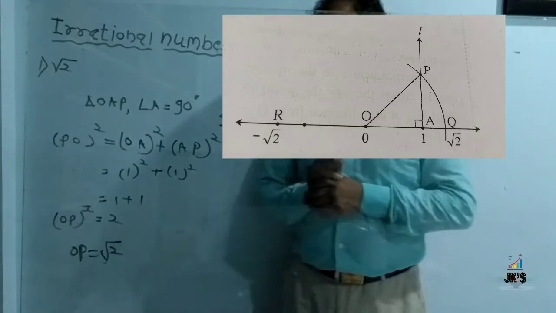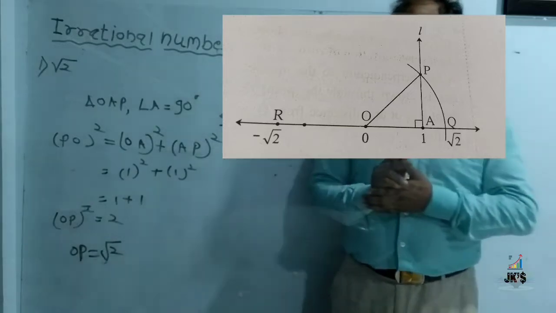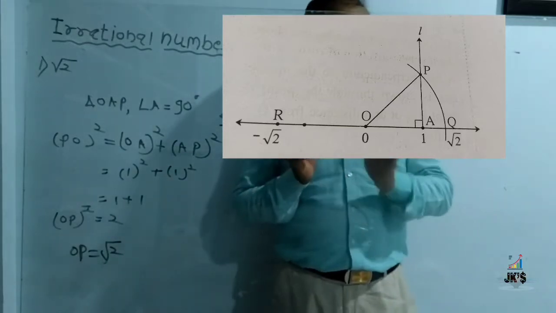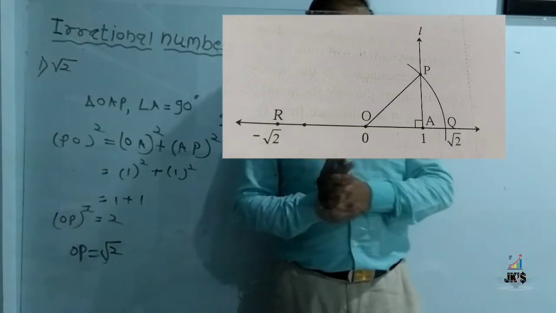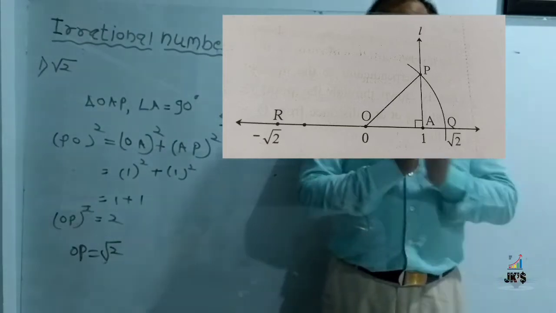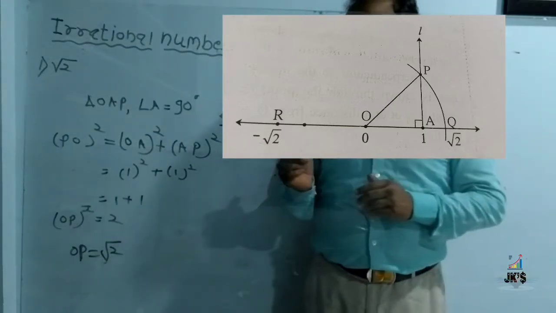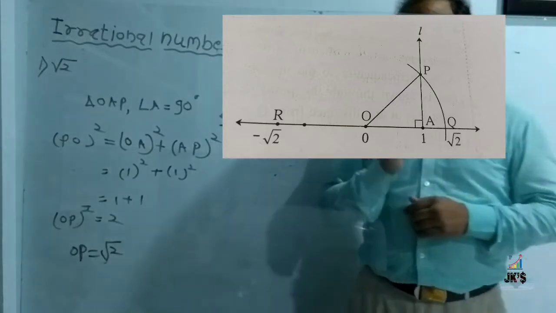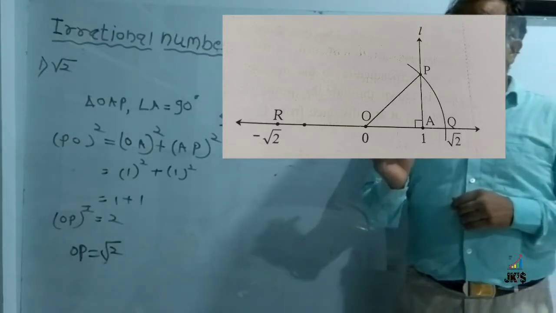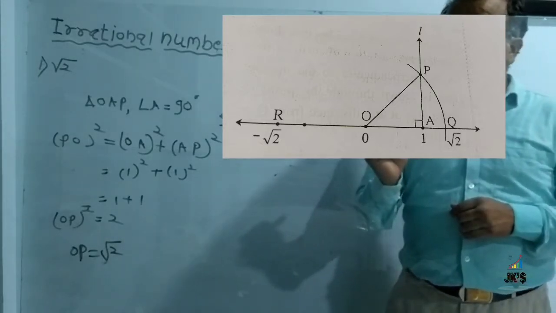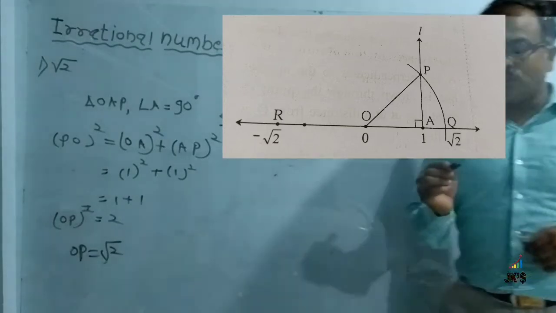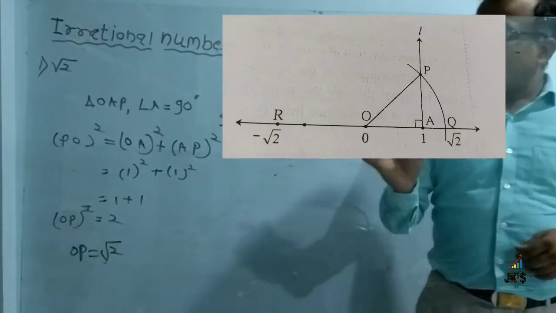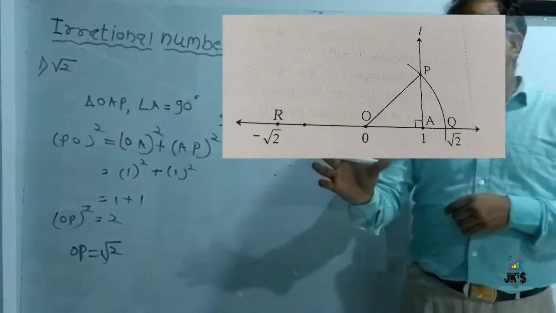Similarly, for showing other irrational numbers on the number line, we continue this process for root 3 also. For root 3, suppose OC equals root 2.